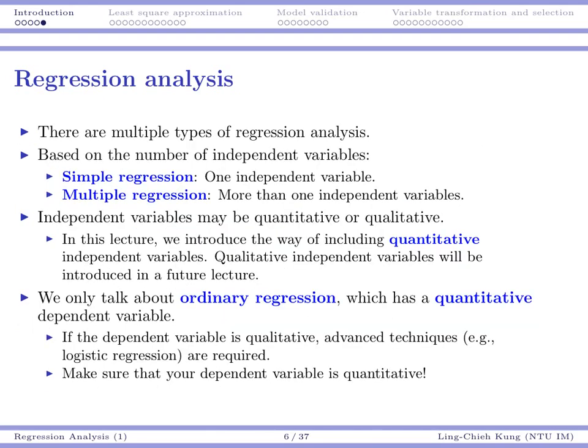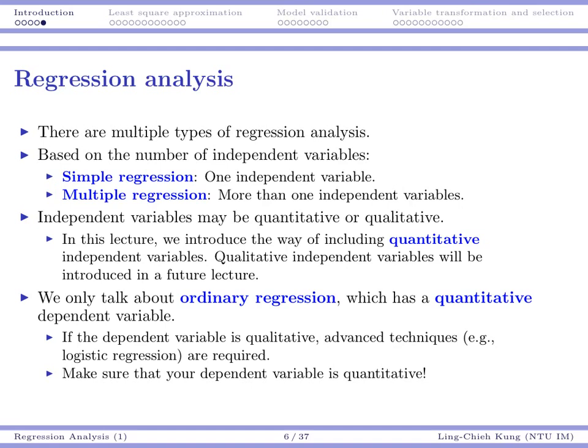So today, and actually for the remaining lectures of this semester, we will talk about regression analysis. There are actually multiple types of regression analysis. So you can say regression is actually a family of models or a family of methods. There are a lot of them.